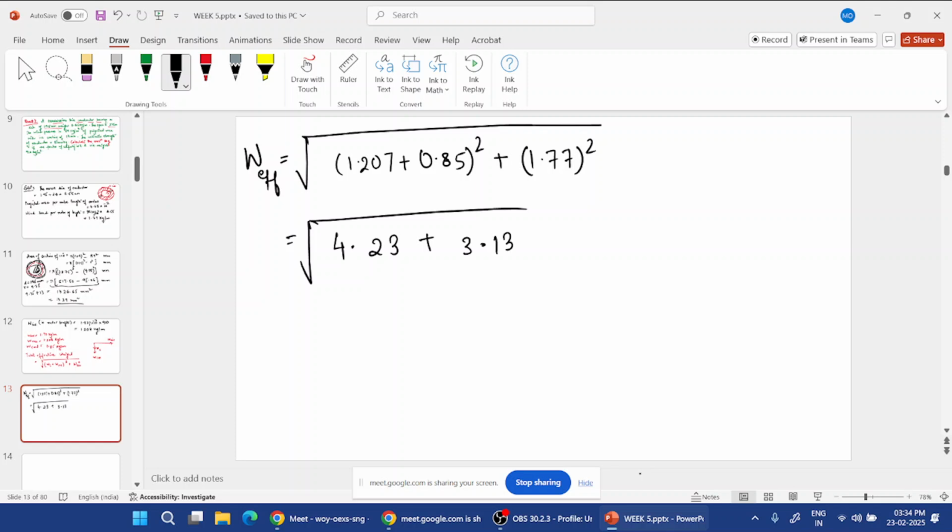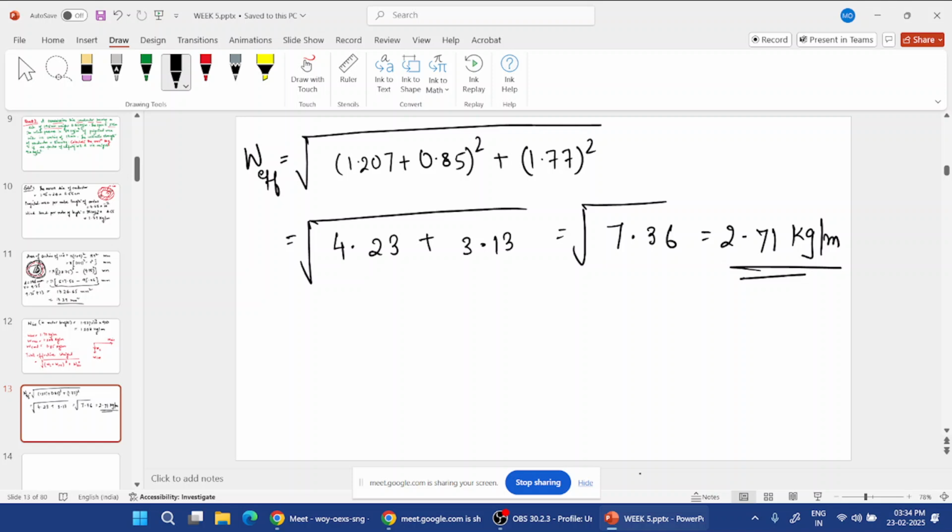If we add it with 4.23, it will come out to be 7.36. And if we take the square root, the value will be 2.71 kilogram per meter. So this is the effective weight after considering the ice and the air.